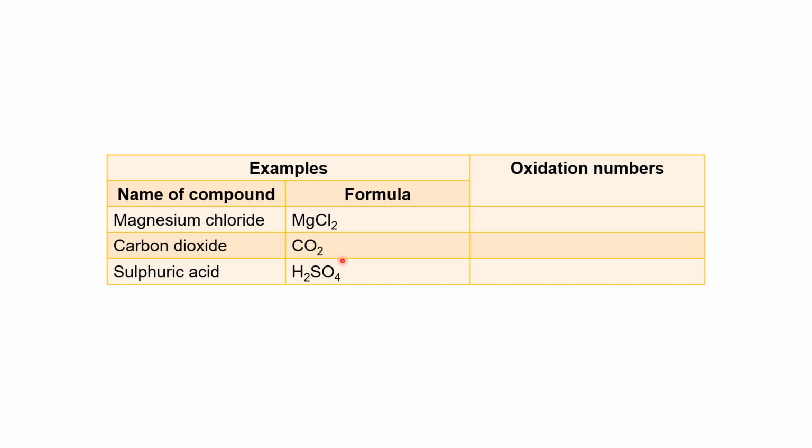All are neutral, there's no charge. The superscript has no charge, so it is neutral. So the sum of the oxidation numbers for the whole compound here is equal to 0, for the whole compound, not for one single atom.